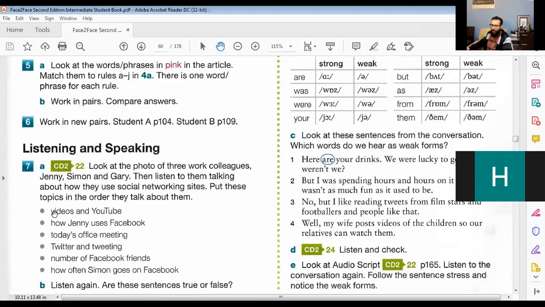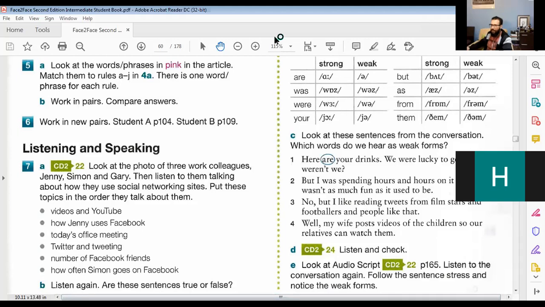So they're going to cover these six points. They're going to talk about videos on YouTube. They will also discuss how Jenny uses Facebook, today's office meeting, Twitter and tweeting, number of Facebook friends, and how often Simon goes on Facebook. So they'll talk about all of these points.